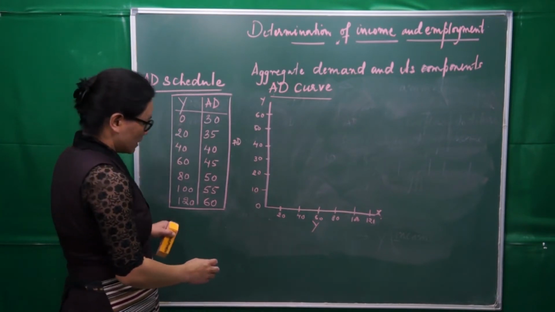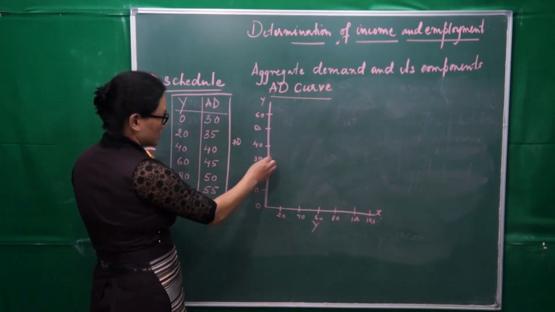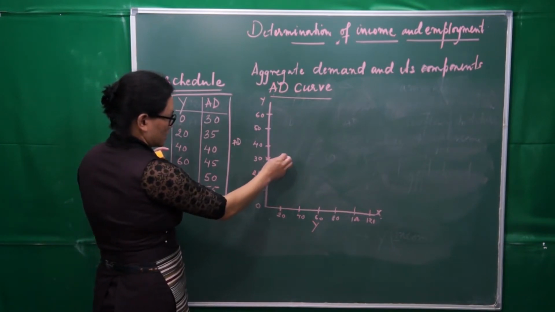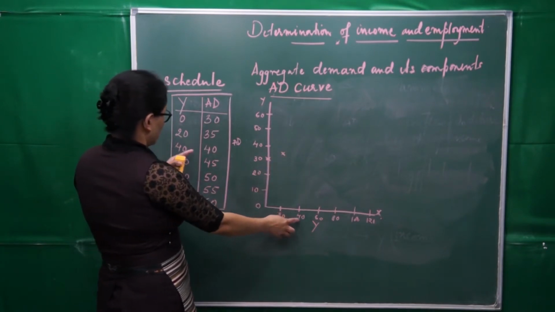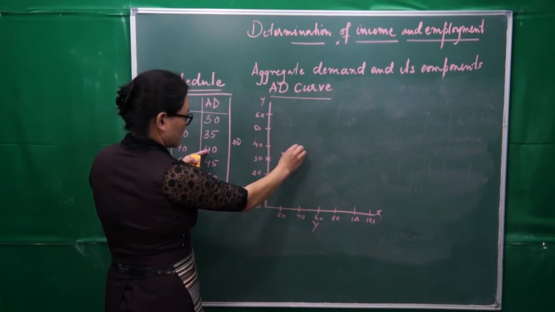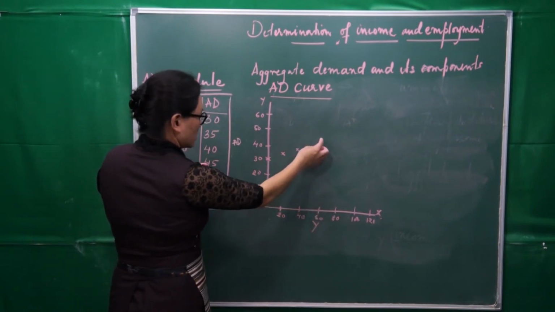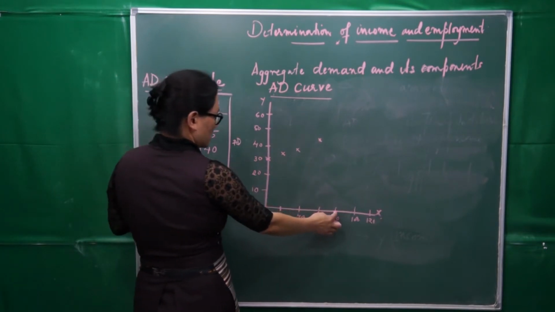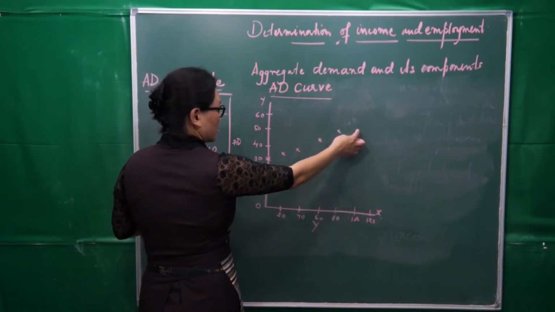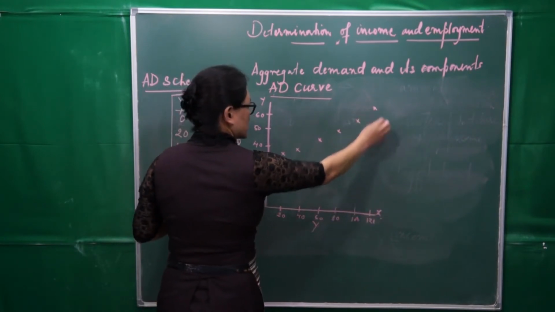Right. Okay. Straight away, income 0 is 30, then 20, here, here, like this.